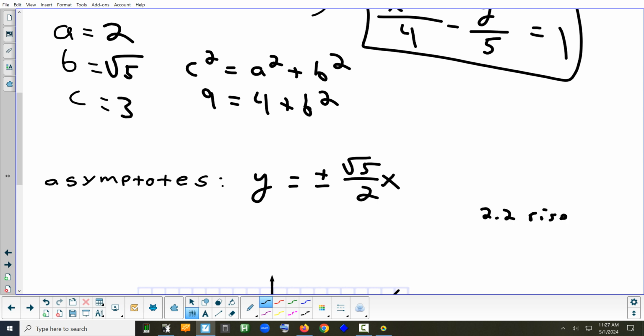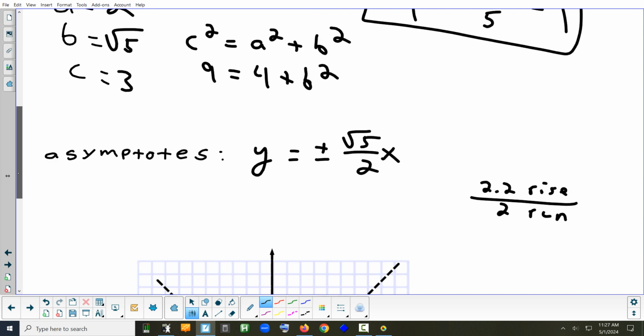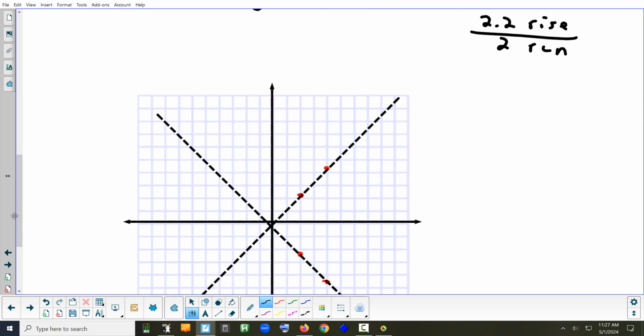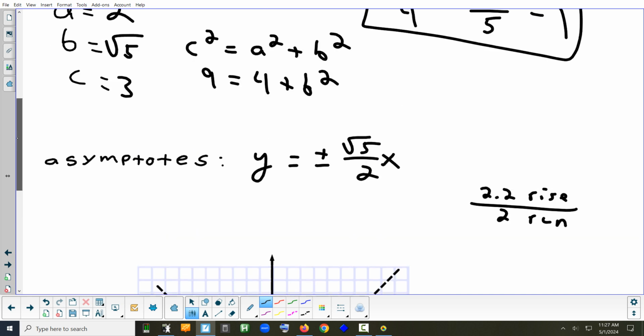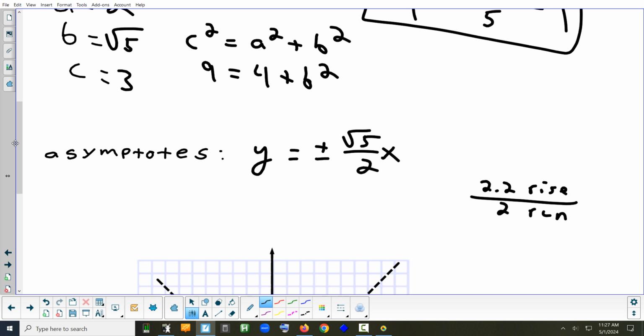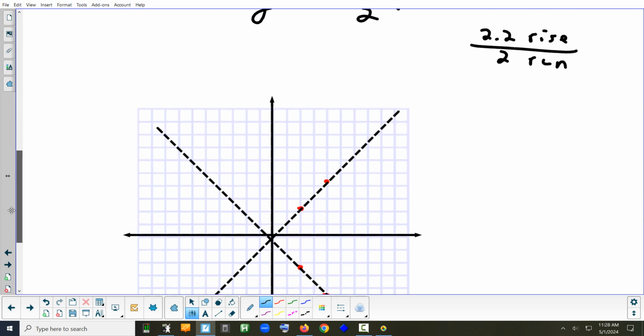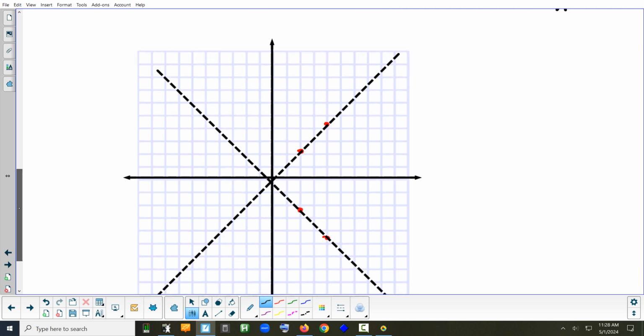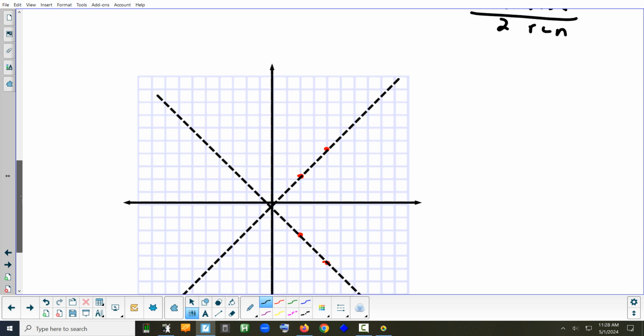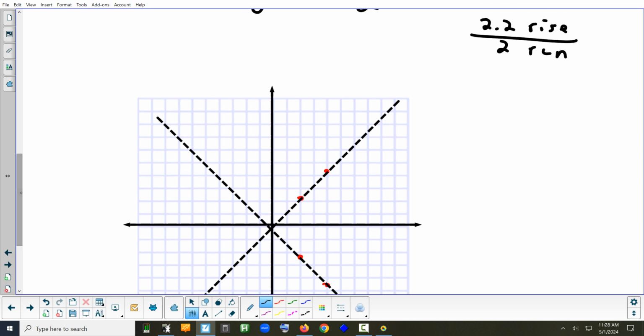So that's my rise, and 2 is my run. So we're going to go up 2.2 over 2 from the origin, up a little bit more than 2 over 2. And because it's plus or minus, you go the other way, down a little more than 2 over 2. Okay, so we got our asymptotes.